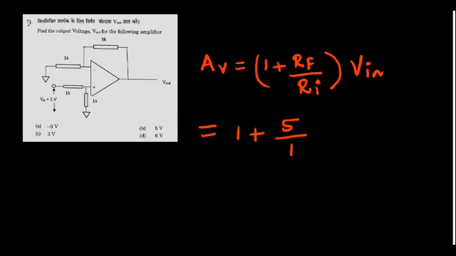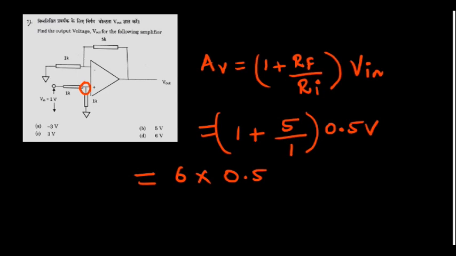What is V in here? V in is 1 volt. What is the V in to the op amp? It's a voltage divider. These two 1K resistors act as a voltage divider. So V in is going to be 0.5 volt. So 6 multiplied by 0.5 volt comes to 3 volt. So 3 volt is the answer.